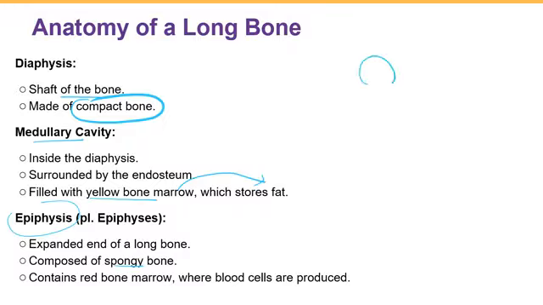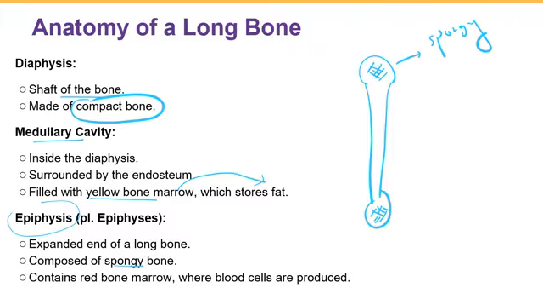So again, if you draw a long bone, at this epiphysis we're going to have this spongy bone. So spongy bone would be found here, and then at the diaphysis, the outer layer here, we are going to have our compact bone.